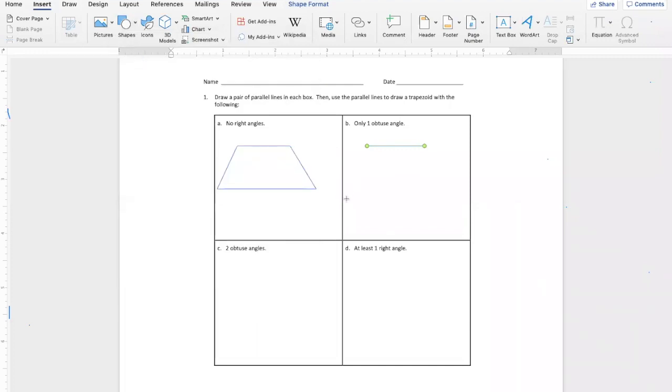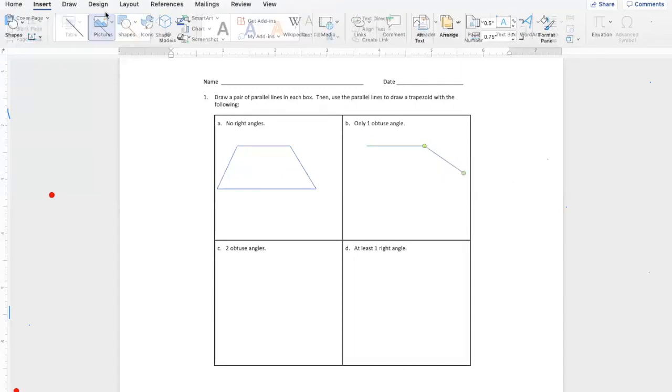And this one, I want to make sure that my angles are larger than 90 degrees. Oh, look, I think I have that here, don't I? Because you're going to remember, yes, a right angle is 90 degrees, but an obtuse angle is greater than 90 degrees. So I can go ahead and make this come out really far over here.